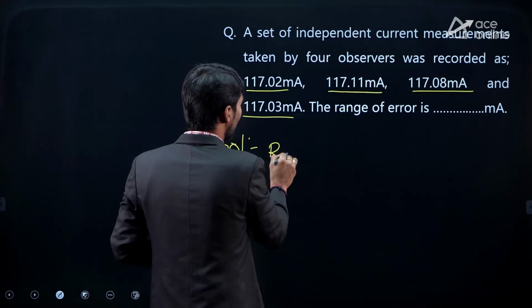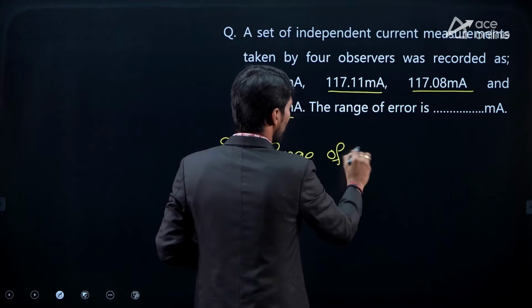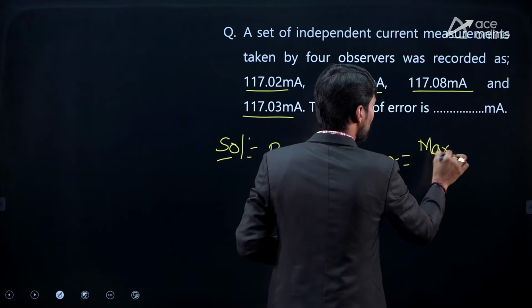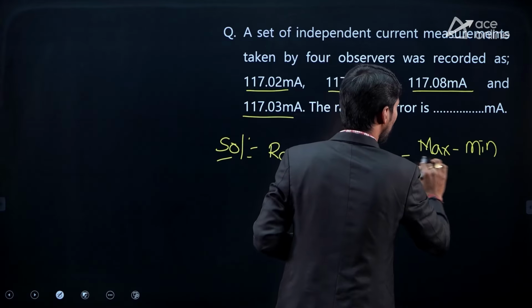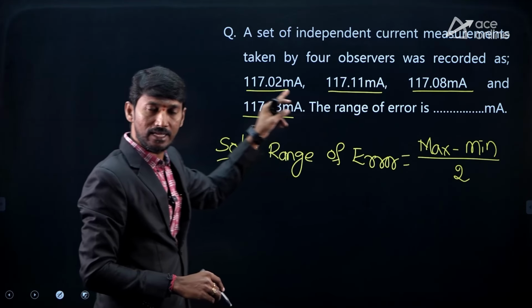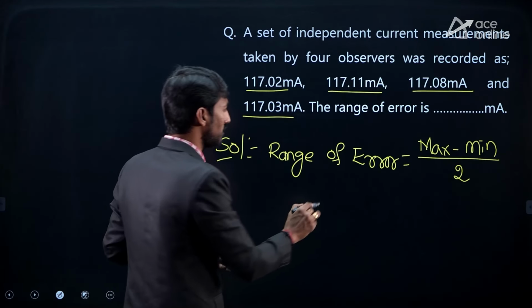What is the range of error formula? Range of error is equal to maximum minus minimum by 2. Among the given data, take the maximum and take the minimum, the difference of those two by 2. Very simple.